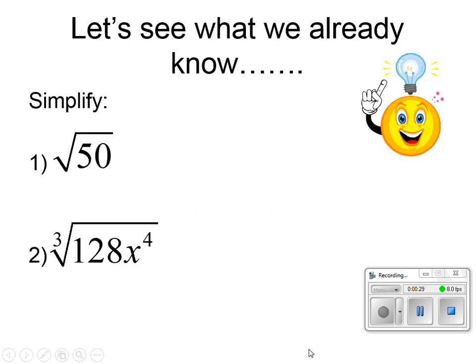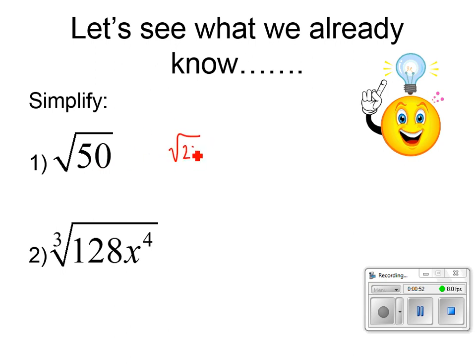All right, so let's see what we already know. We're going to have to be able to simplify today either at the end of our problem or before we start. So let's make sure that we know how to simplify. If I want to ask you how to find the square root of 50 and I want it simplified, what would we do? Well, we would find a perfect square that goes into 50.